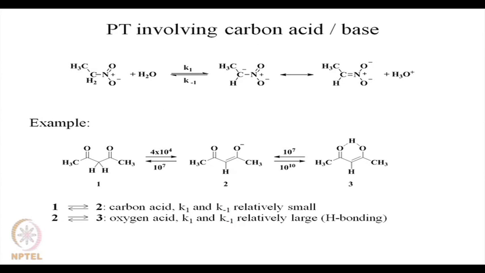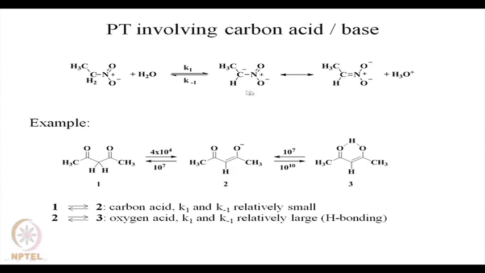Proton transfer involving carbon acids or carbon bases. One example is given here, CH3CH2NO2. So, with water, the forward reaction is basically this hydrogen being taken and H3O plus is generated, and then it's a resonance hybrid of these two.